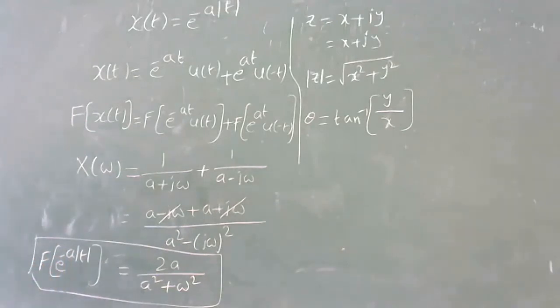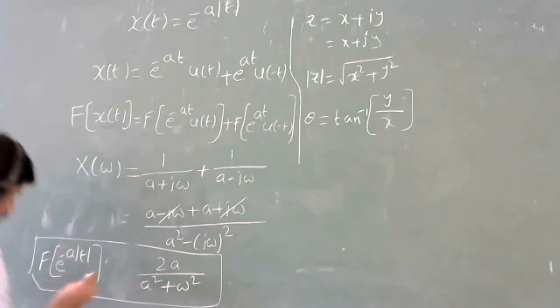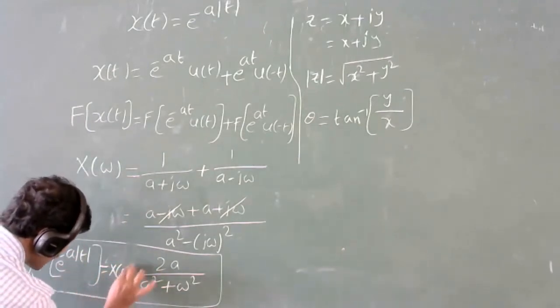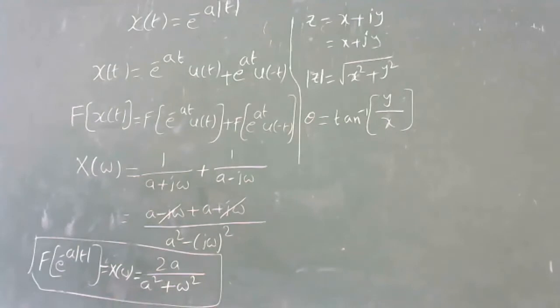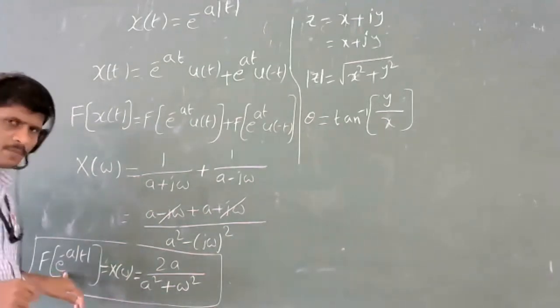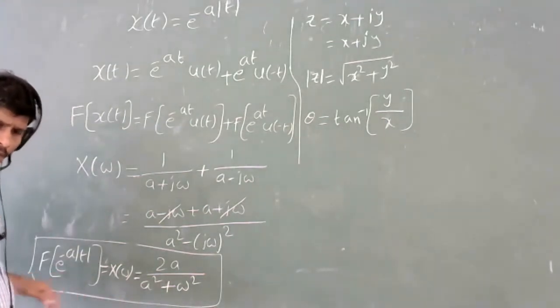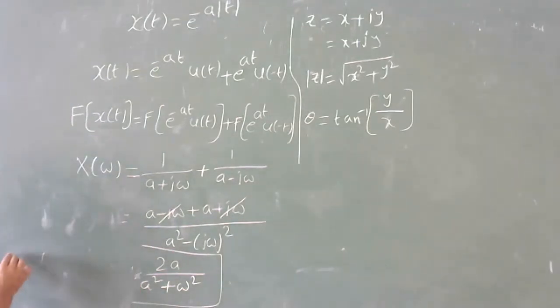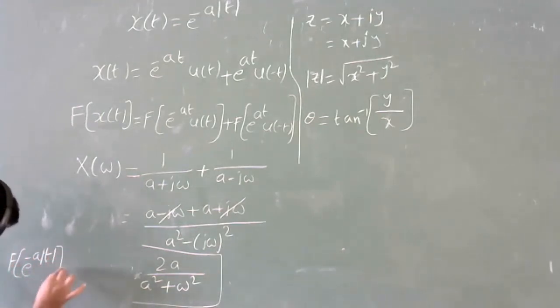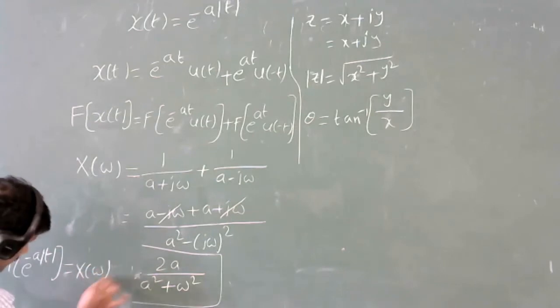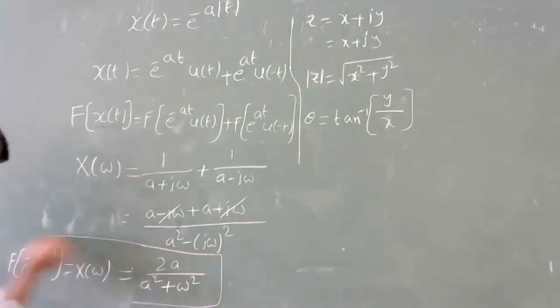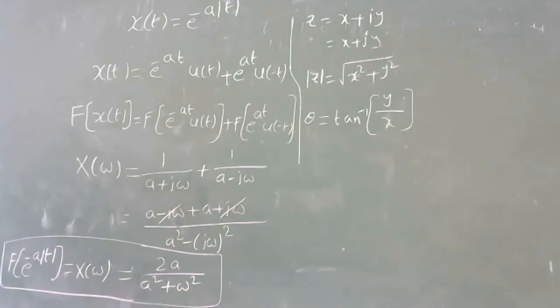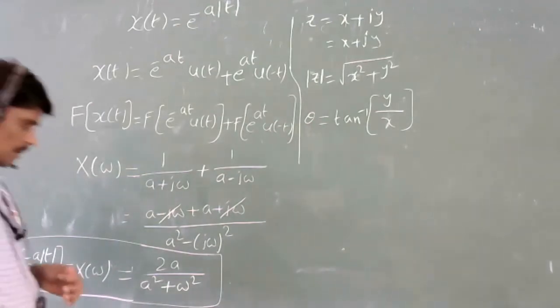The Fourier transform of e power minus a magnitude t is equal to x of omega, which is equal to 2a by a square plus omega square.